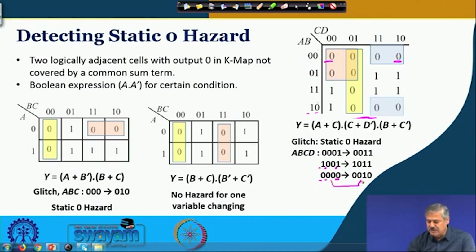So, there is a glitch occurring. This is the way we can figure out three such possible glitches, and this particular realization has a static 0 hazard.